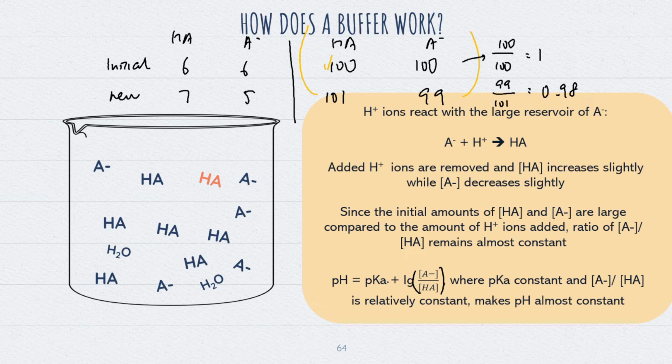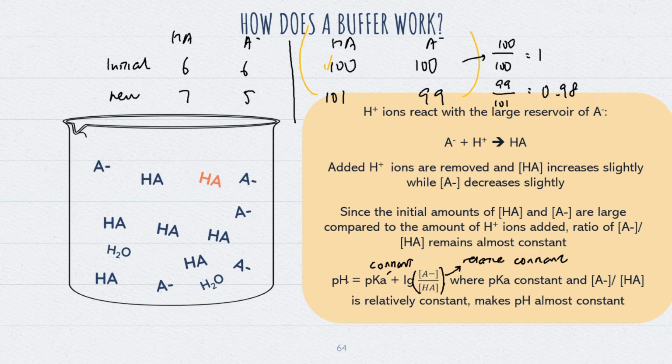Considering that your pKa or your Ka value remains constant at a certain temperature, so this is constant, and that your ratio of A- over HA is not constant, but considering that the change was so little, it's relatively constant, we can therefore conclude that your pH will be almost constant or will have changed very slightly.